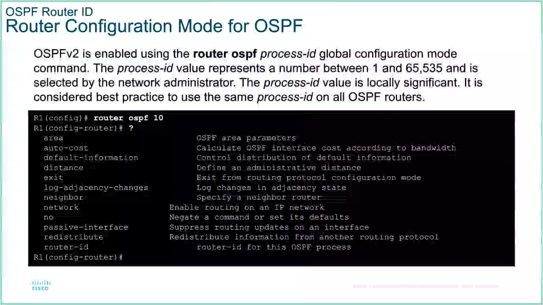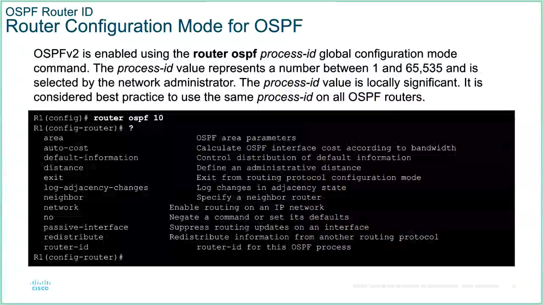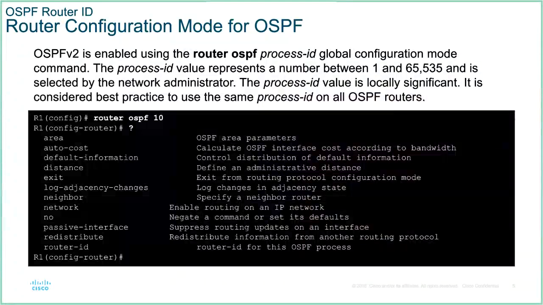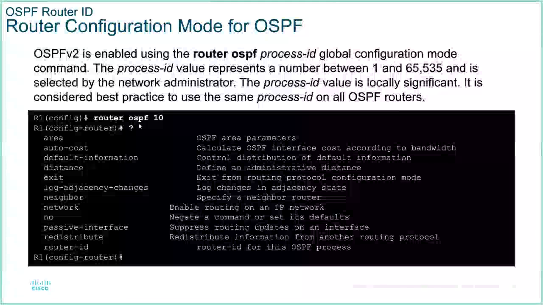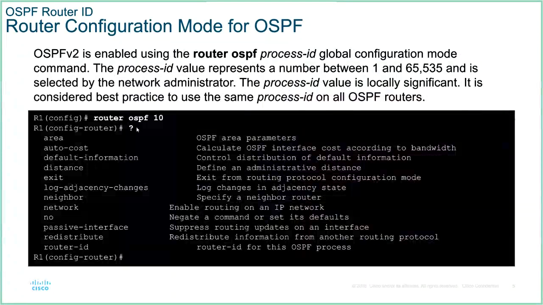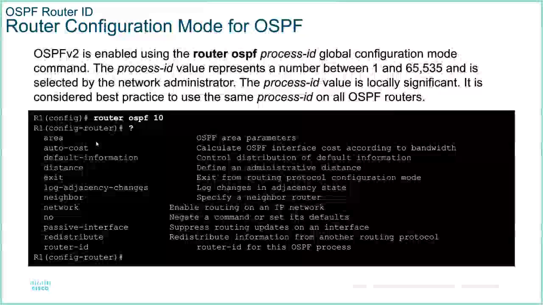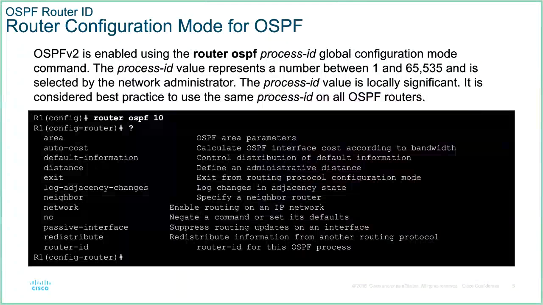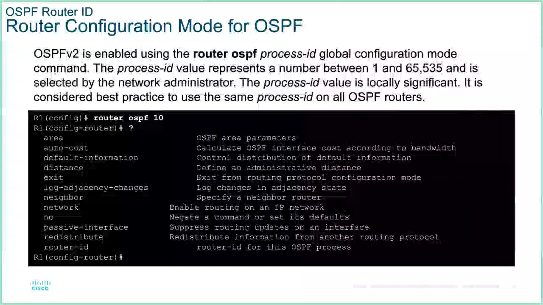So within the configuration, you'll notice that after we type in the routing command, we go into the OSPF configuration parameters for this instance. So we can configure the area, the auto cost, default information, you can read the list.